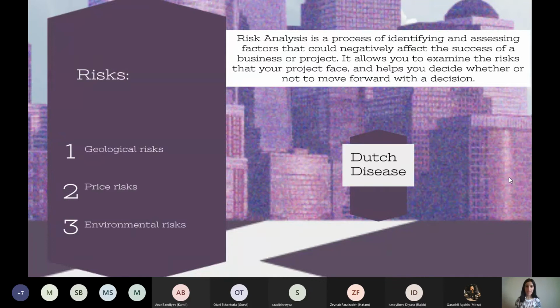What kind of risk can you face? Geological risks, for example. We said in the exploration phase you have to do a geological survey. But maybe your technology is not high enough, so here we can also talk about technological risk, and maybe it's not exact data.